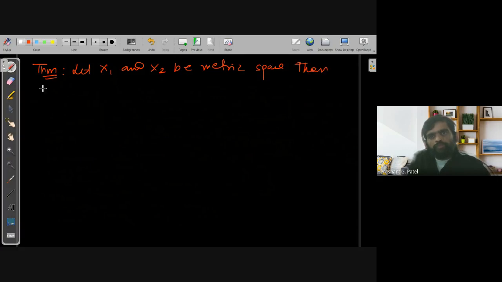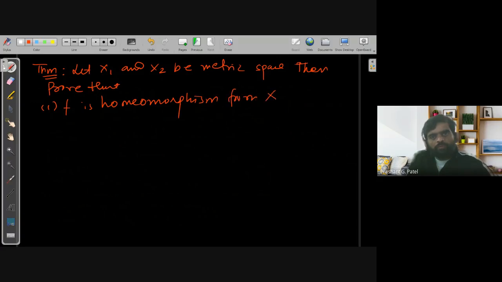Then prove the following. The first one: f is a homeomorphism from X1 onto X2.